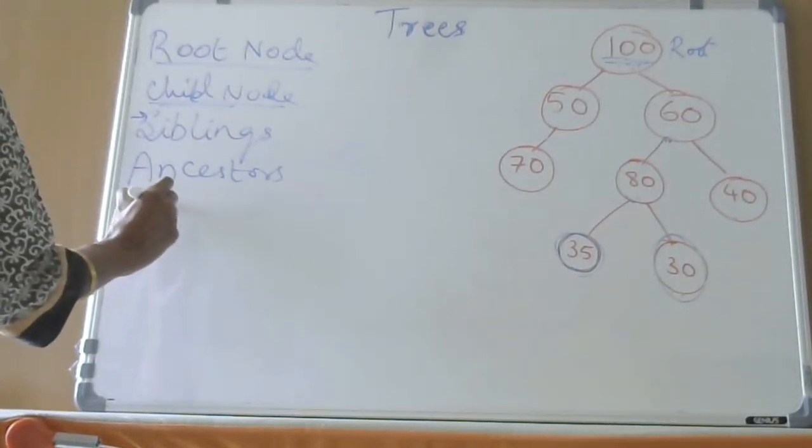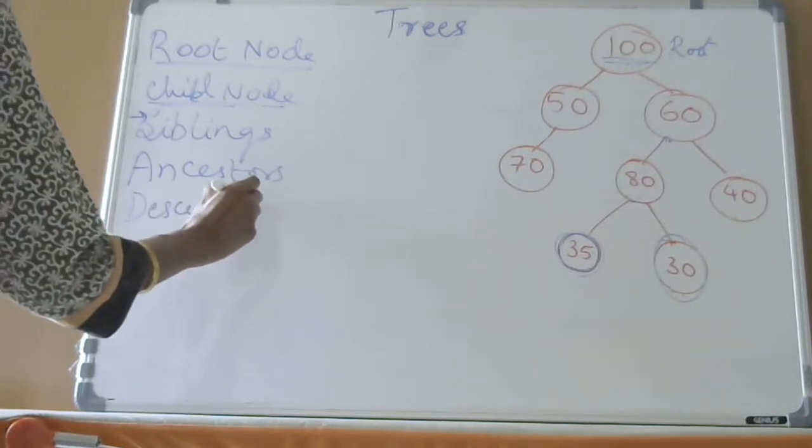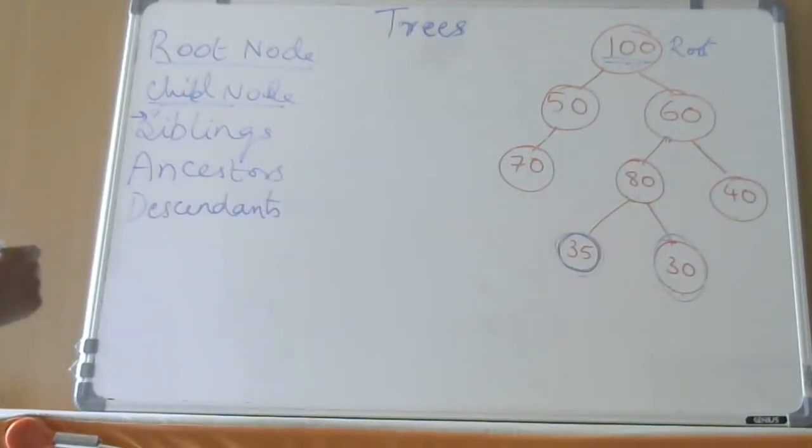Next we will see what is a descendant. Descendant means who are our descendants: children, grandchildren, they are all descendants, is it not? You go down. So the nodes in the path below the parent are called descendants.